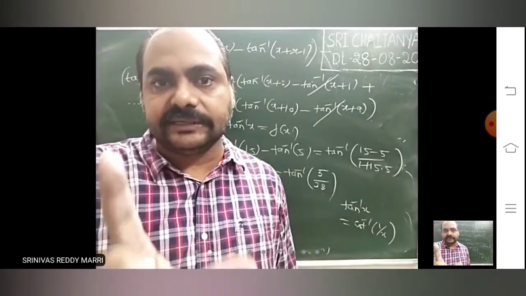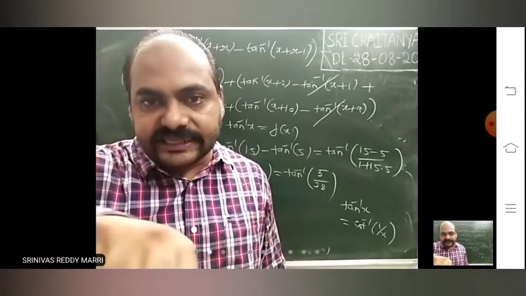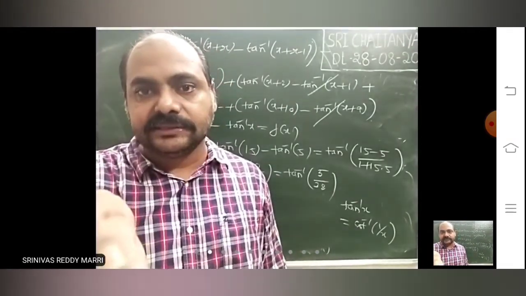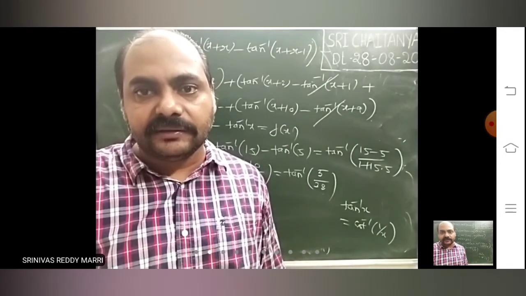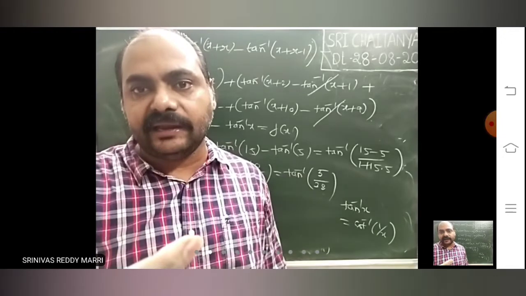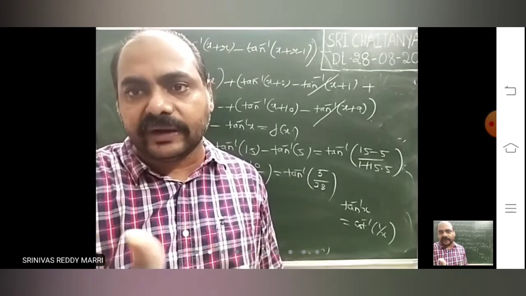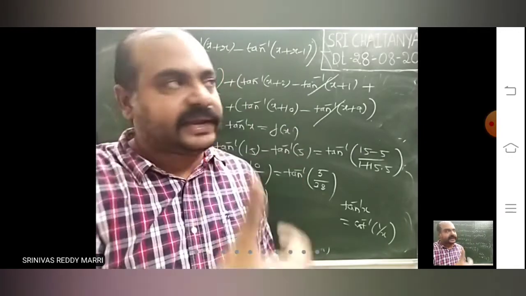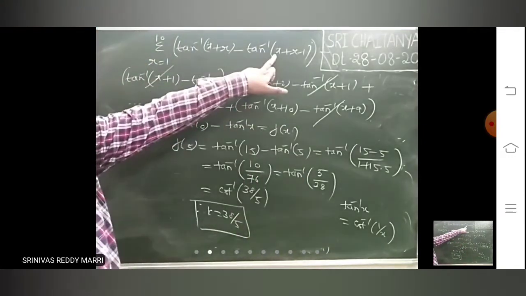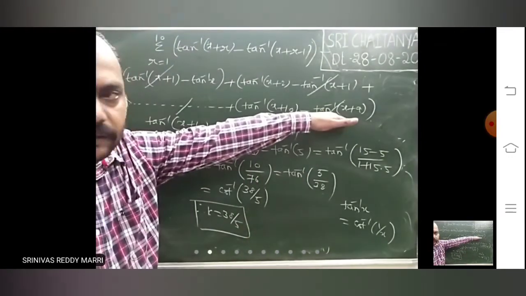Just simple. First, inside sigma tan inverse, take that denominator 1 plus x into y. Now write x minus y; it will be there in the numerator. You have to identify that. After that, substitute in tan inverse: write tan inverse x minus tan inverse y and then expand.